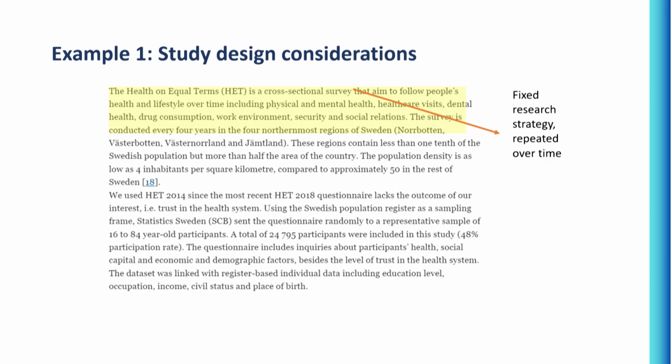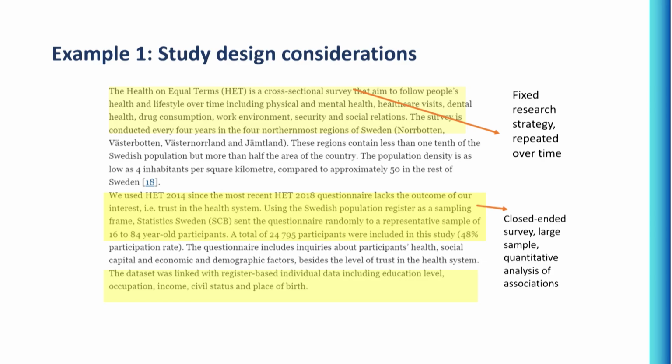It's a fixed strategy, repeated over time, yeah? It is conducted, it says, since the most recent questionnaire, so we know that it is conducted every so often. Fixed strategy. Okay? And the data set was linked with register-based individual data, including education level, occupation, income, civil status, and place of birth.